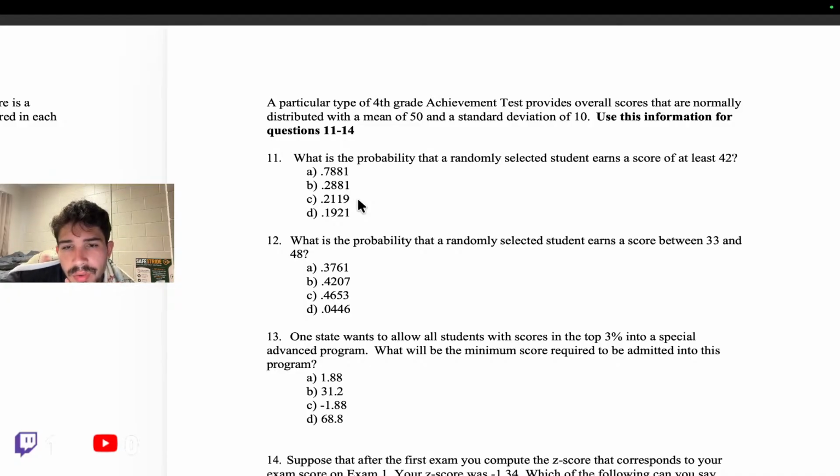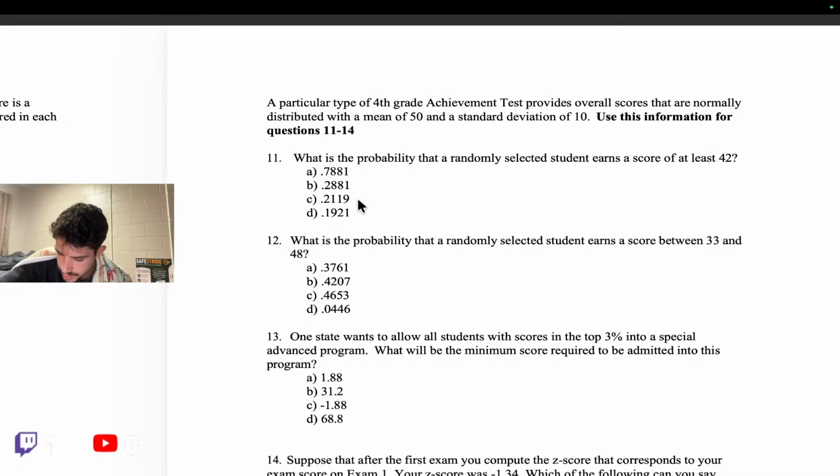What is the probability that a randomly selected student earns a score between 33 and 48? So now what we have to do is calculate both. Let's do the z-score of 33 first. So we're going to do 33 minus 50 divided by 10.